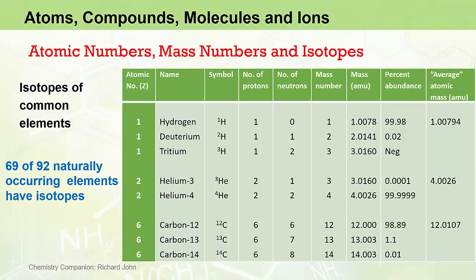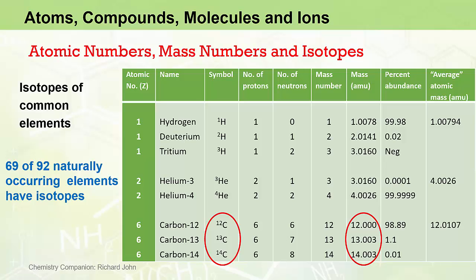So, for example, we can see the three isotopes of carbon, carbon-12, carbon-13 and carbon-14, have relative abundances of about 99%, 1% and 0.01% respectively. The actual masses of each isotope are shown here in atomic mass units.